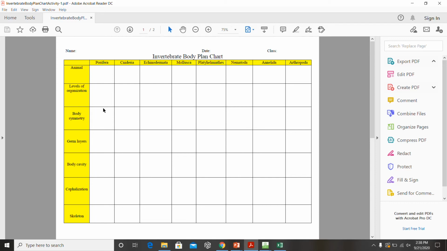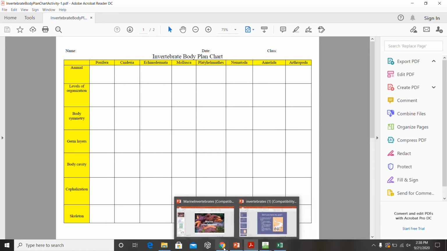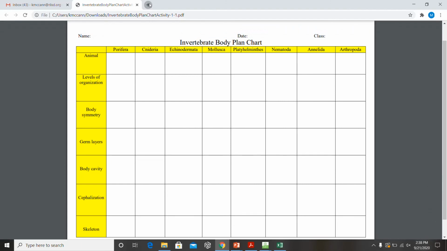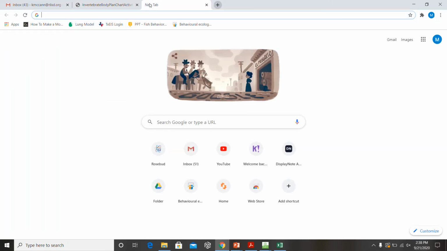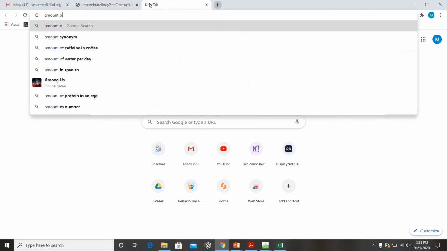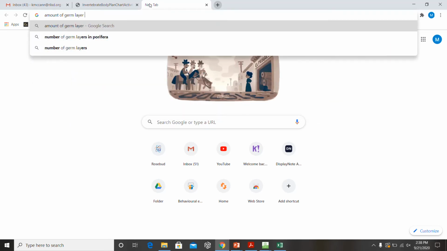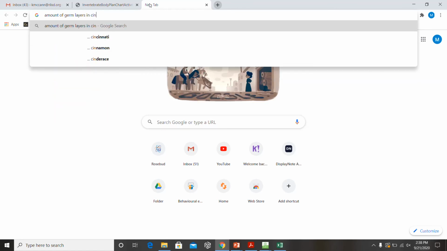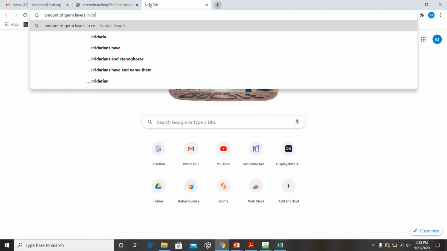Germ layers. You should be able to Google this. In Porifera, it's going to be absent, but say you Google the number of germ layers in Cnidaria, if I could spell that right.